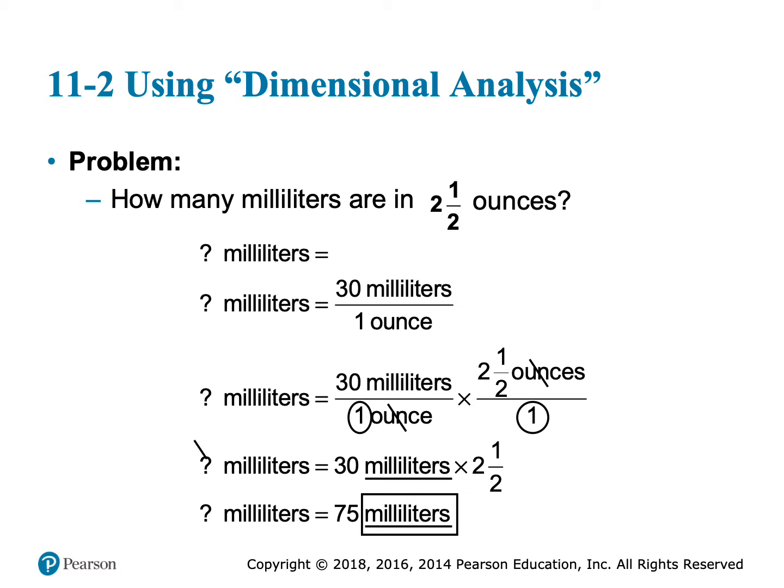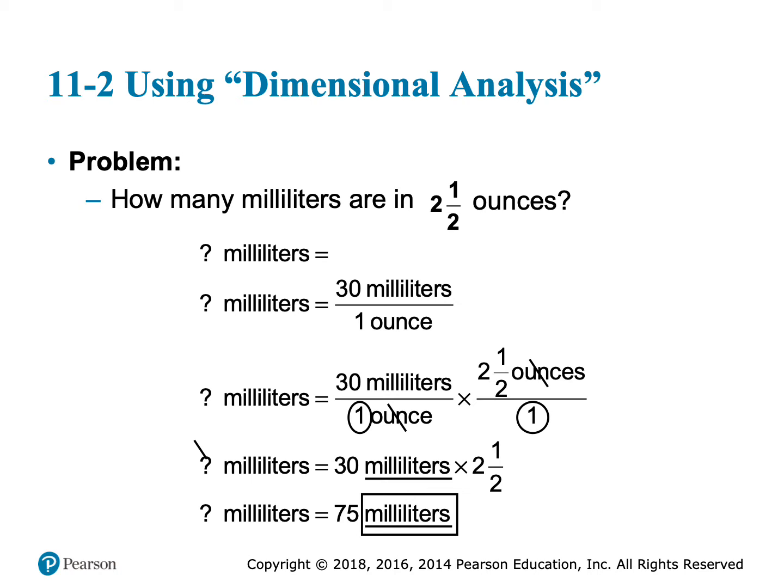And then we're going to place the factor of the unit of measure for the answer on top and the unit that you are converting from on the bottom as the denominator. So then we get question mark milliliters equals 30 milliliters over 1 ounce.